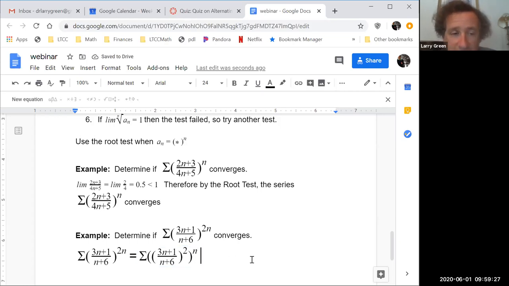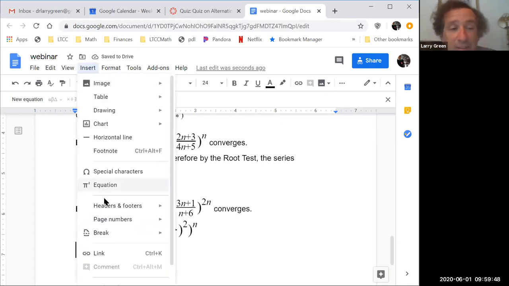Any questions on what I just did? Okay, and that's a rule of exponents, is that if you have something squared to the nth power, that's the same thing as something to the 2n.